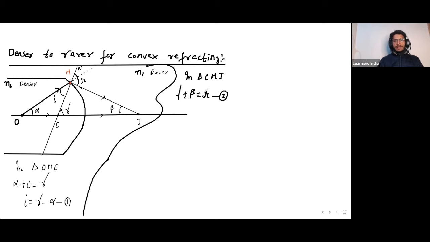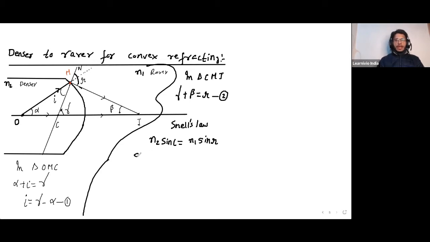So now we have i and r in terms of alpha, beta, and gamma. Next, we can simply apply Snell's law. When I apply Snell's law, it's n2 and the angle here is i, so I'm writing it as n2 sin i. See, each and every step is similar now. The only difference is in the value of i and r. If you look at the last derivation from rarer to denser, each and every step is the same. n2 sin i is n1 sin r.